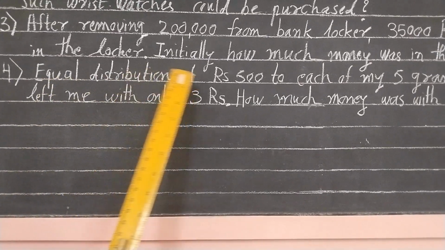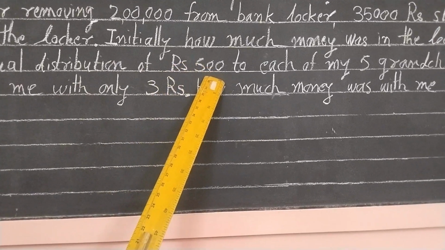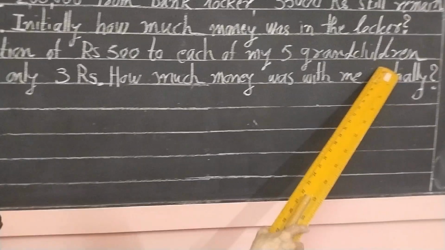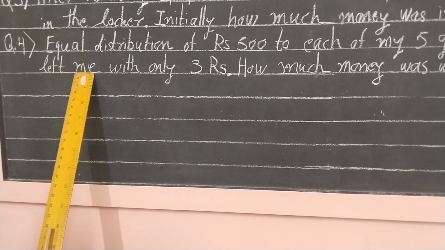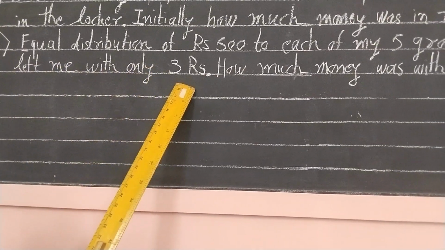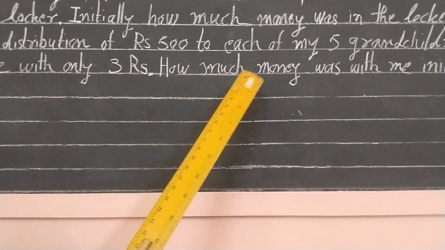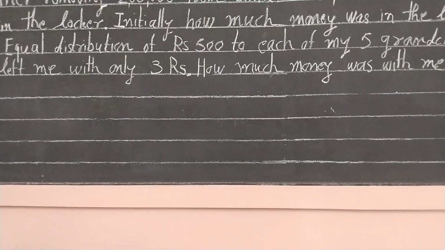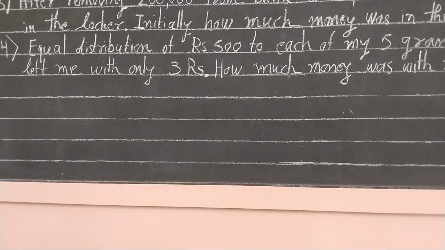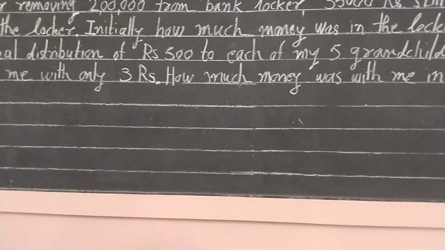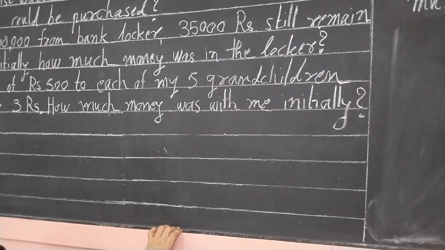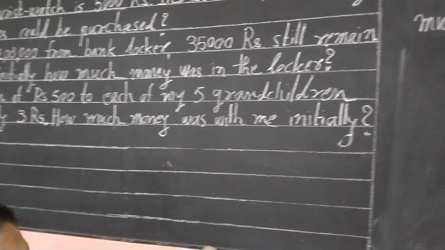Anyone? Let us come to Multimar example number 4. Equal distribution of rupees 500 to each of my 5 grandchildren left me with only 3 rupees. How much money was with me initially? Now this is a bit complicated example, but I know that you can do it. You can solve it very easily. Imagination, Nani, start imagining. Equal distribution.